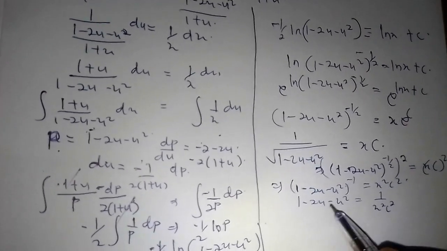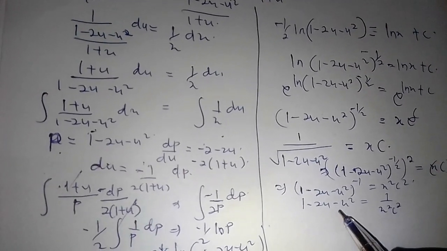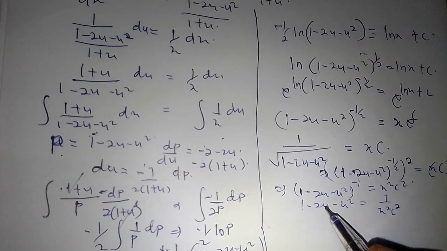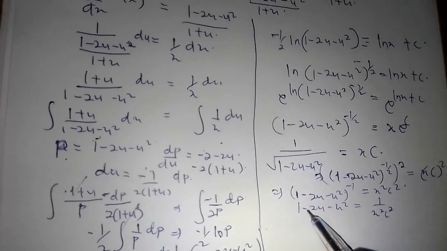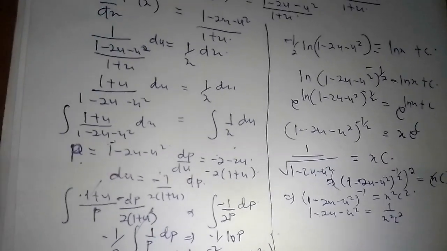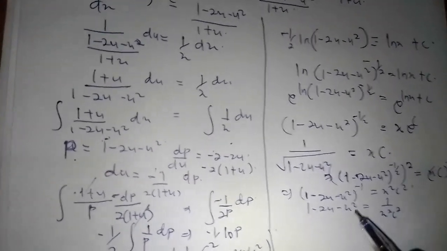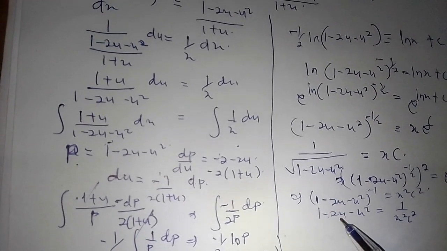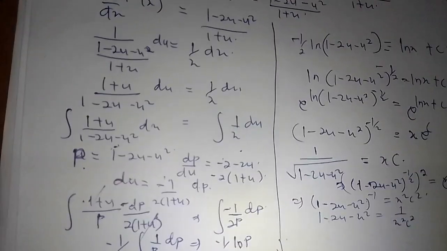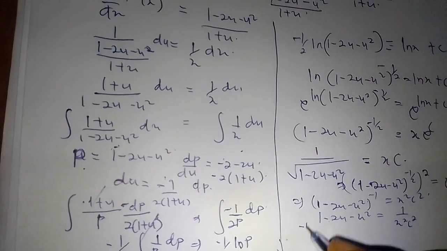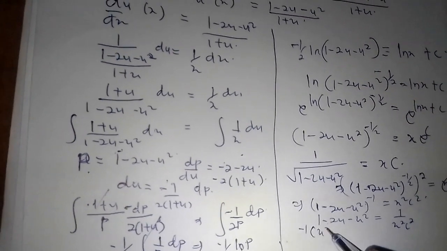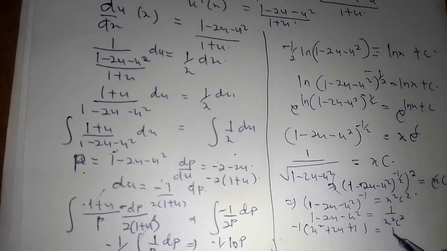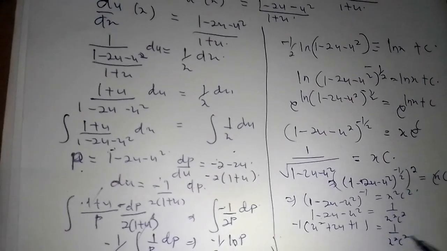So we'll have to simplify this u expression here. We have negative 2 here, so we are going to have the factor of negative 1. Let me remove the negative 1 so that I get negative 1 times (u squared plus 2u plus 1) is equal to 1 over x squared c squared.